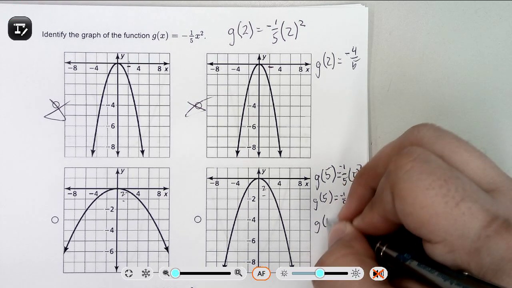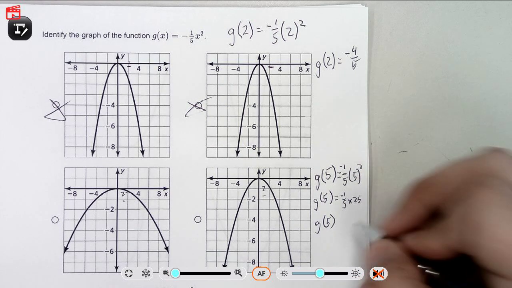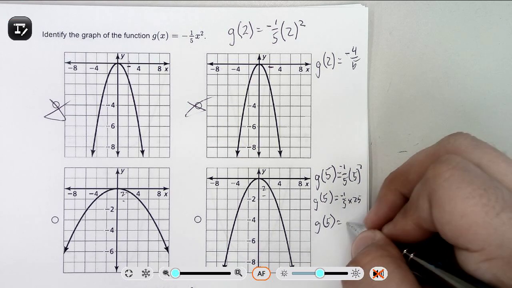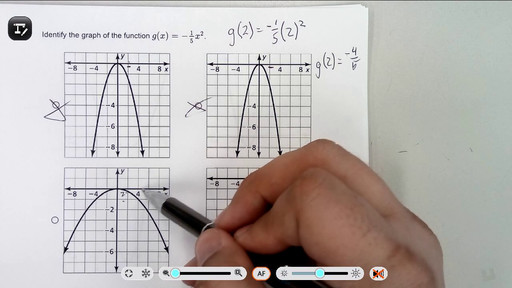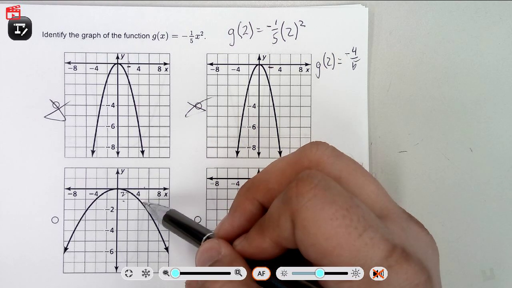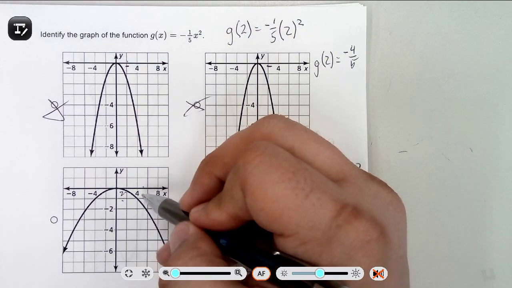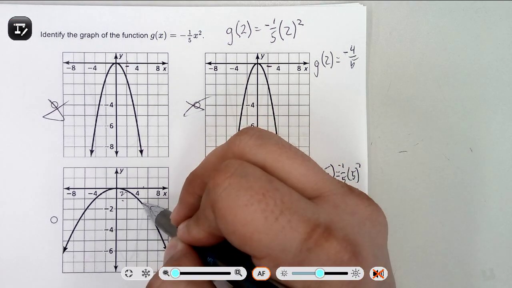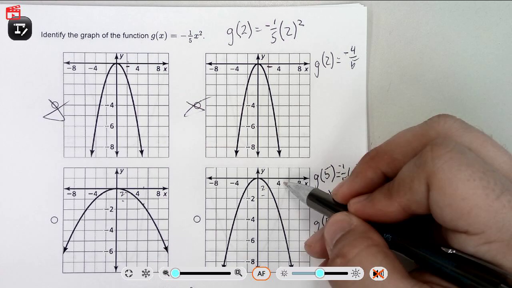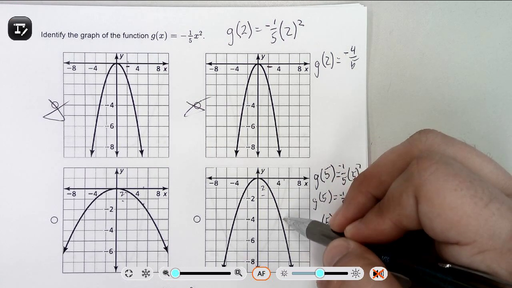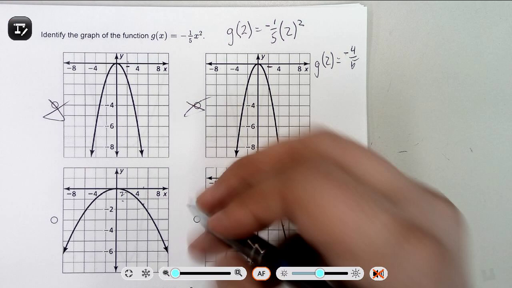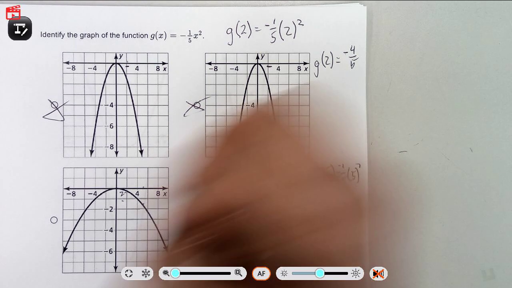So g of 5 is negative 5. So 5, no, that doesn't look right. 4, 6, 5's here. That looks like it's about negative 1.5. So here's 5, comma negative 5. So it's definitely this graph, not this one.